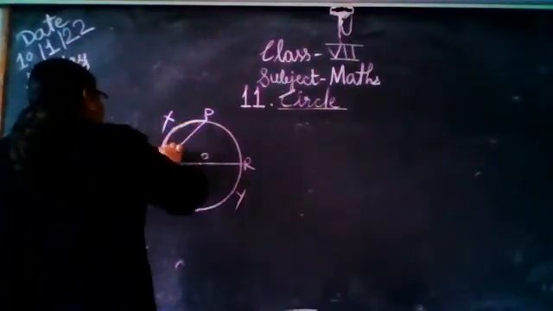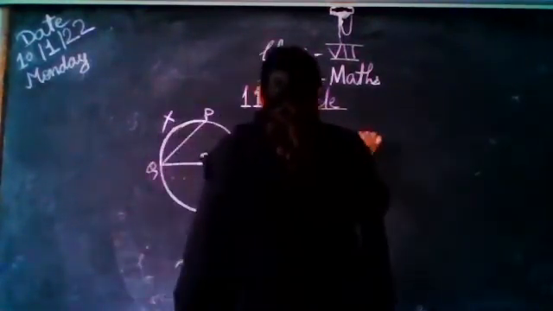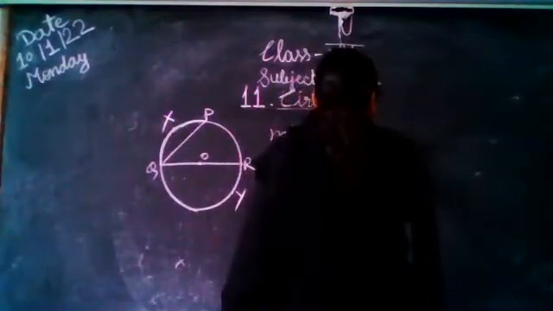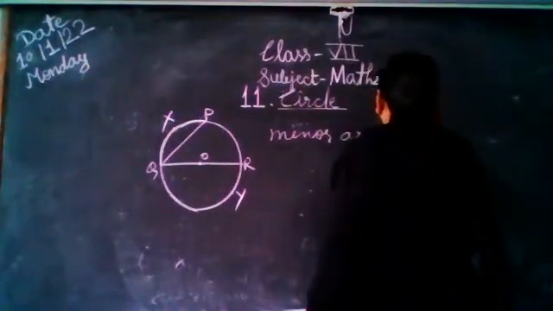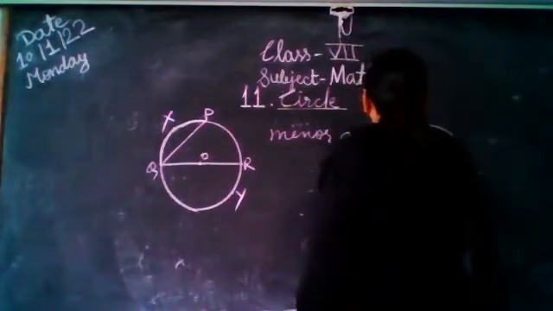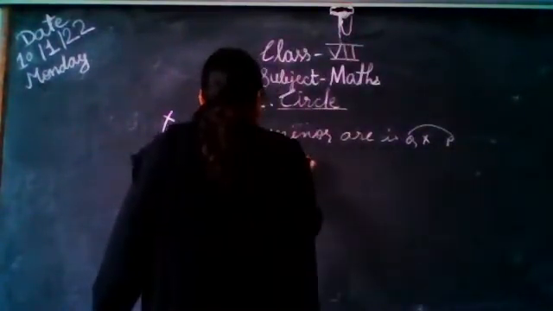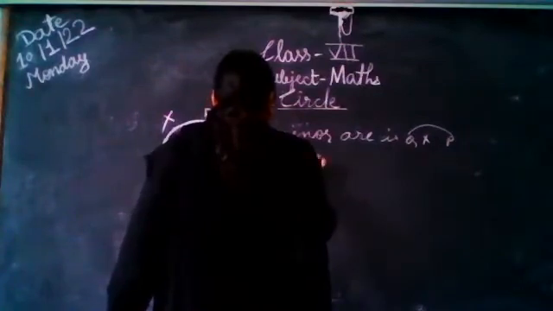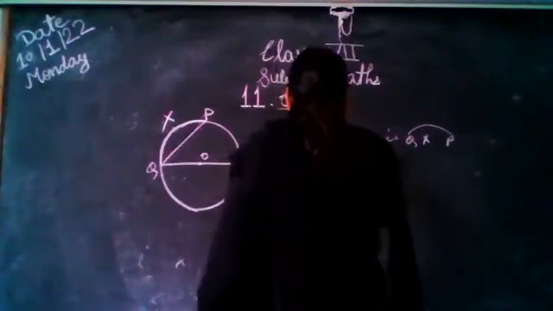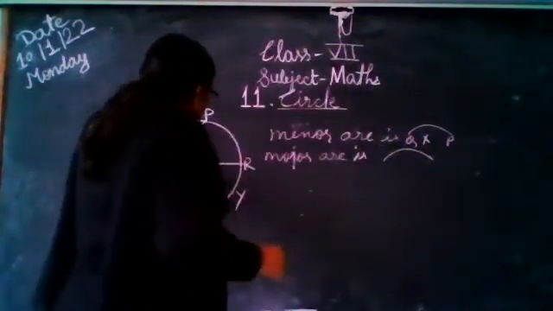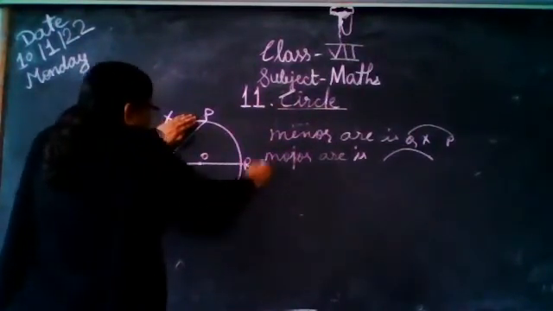So it is the smallest arc, Q, X, P. The major arc is this part. See children, so the rest are Q, Y, and P.